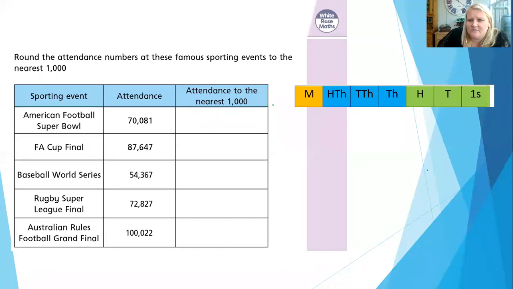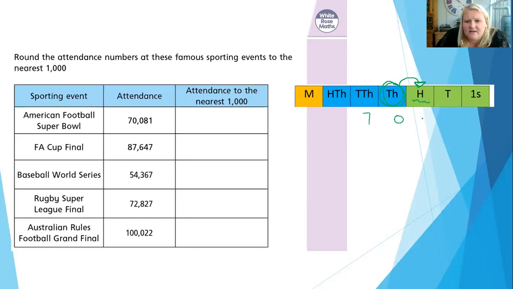So let's give it a go in a real life context. So we are rounding here the attendance numbers at famous sporting events to the nearest 1,000, so that we know roughly how many there were. So we're going to the nearest 1,000. So I can draw. We're rounding to 1,000, so I know that it's going to be this number here, the thousands, that I'm most interested in.